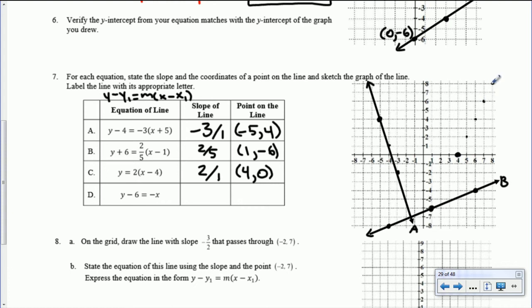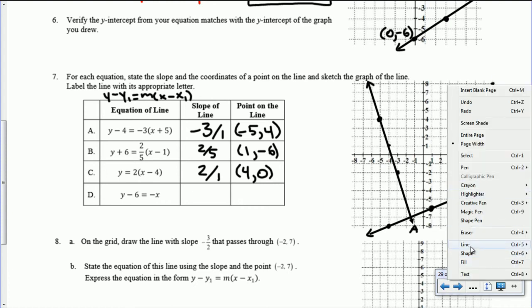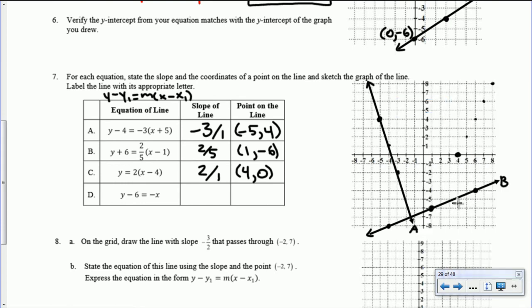Let's draw a line through that. Good. Maybe I'll put this label up here. So that's A. This is C.